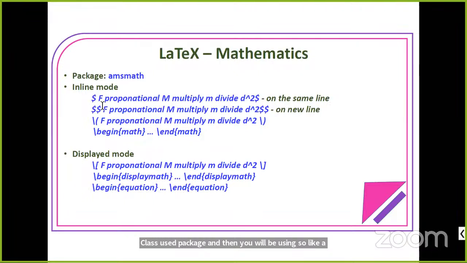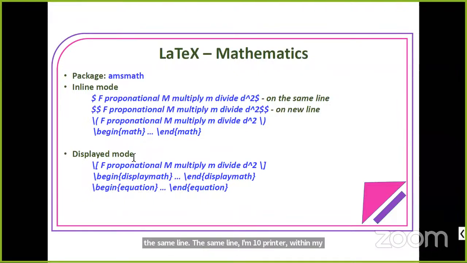And suppose you have some text on the line, and you want to include some mathematical symbols or equations, then you can use inline mode or displayed mode. Inline mode means that on the same line, I can print my mathematics symbol.